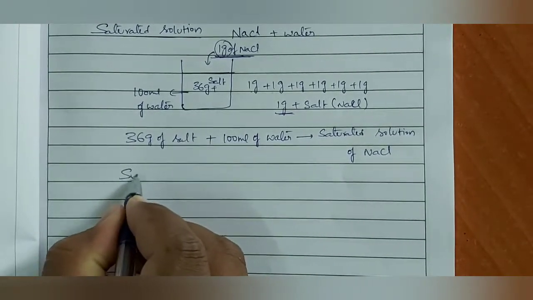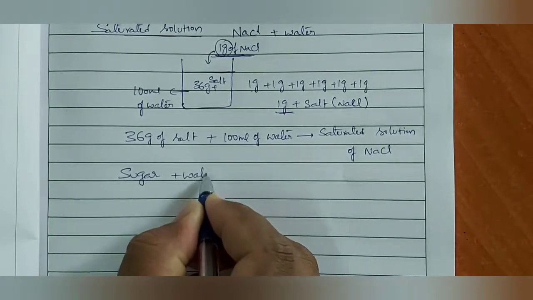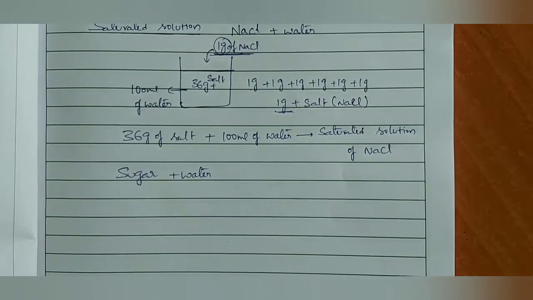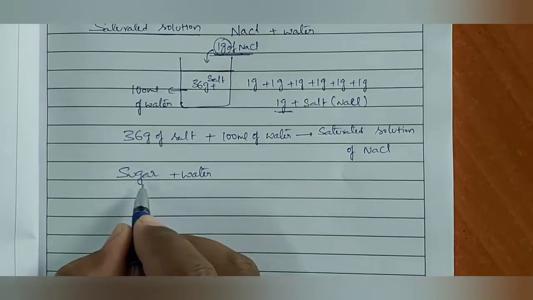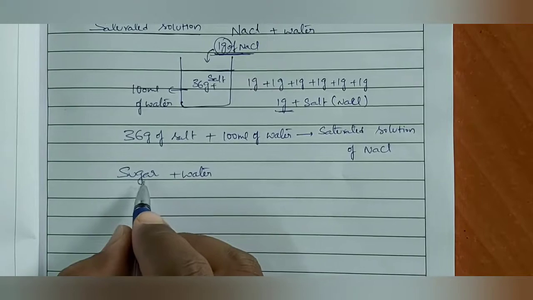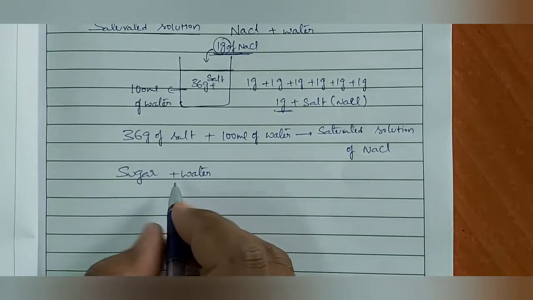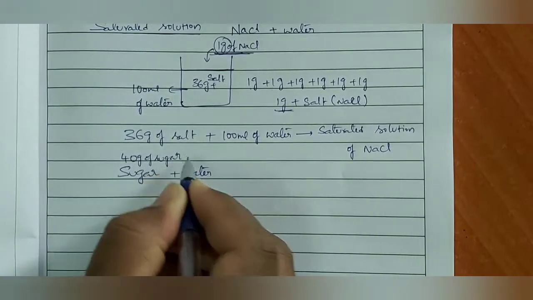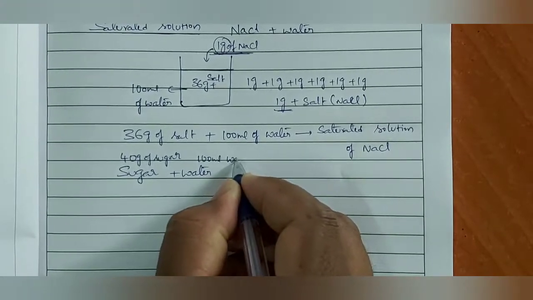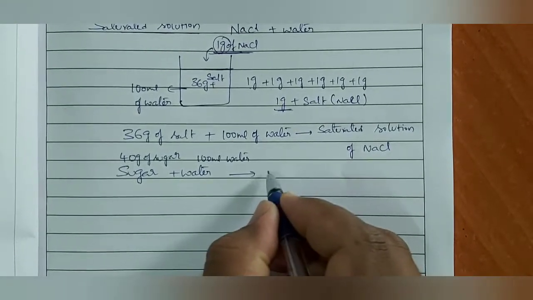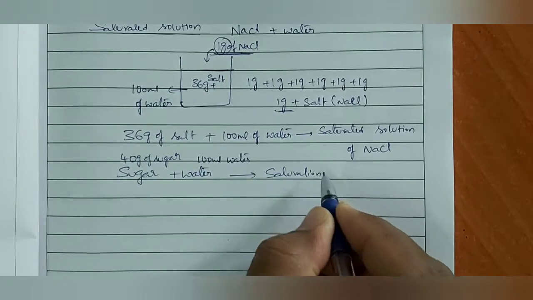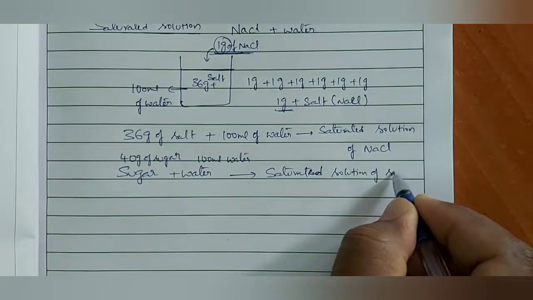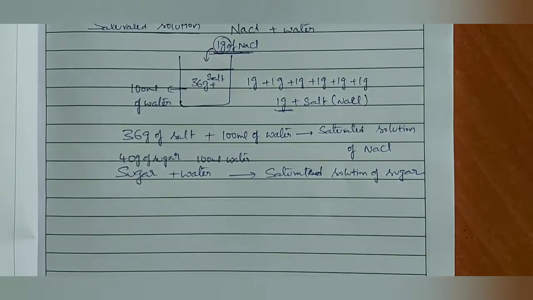For example, sugar is also going to be dissolved up to a certain extent only. Sugar is also dissolved in water up to a certain extent. Let us think that 40 grams of sugar can be dissolved in 100 ml of water at maximum, that is called a saturated solution of sugar.